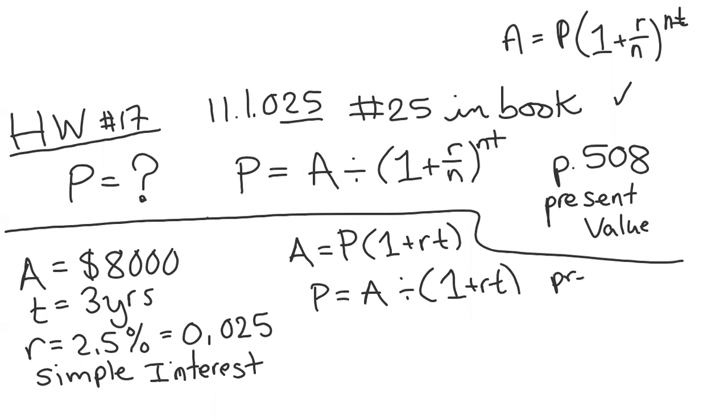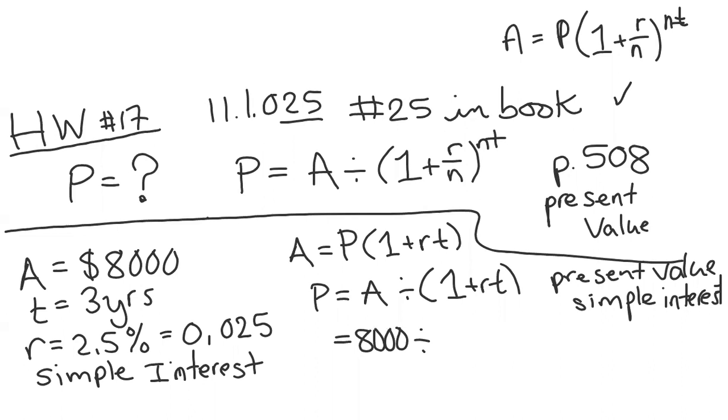So here we have present value using simple interest. So you're just solving out of your old known equations. Right here, we have 8,000 divided by (1 plus 0.025 times 3).